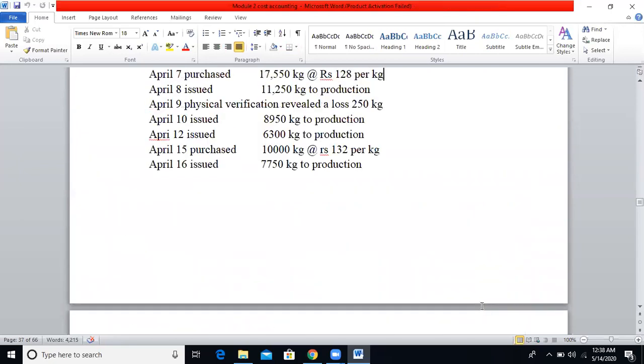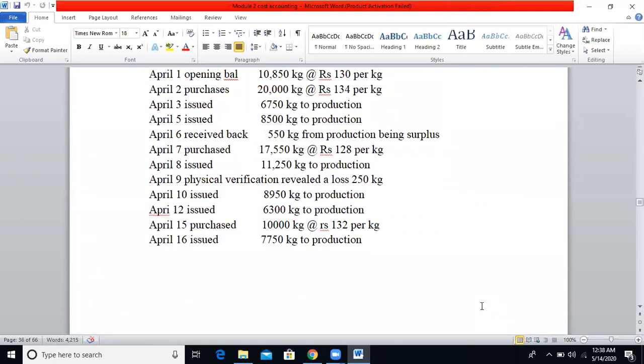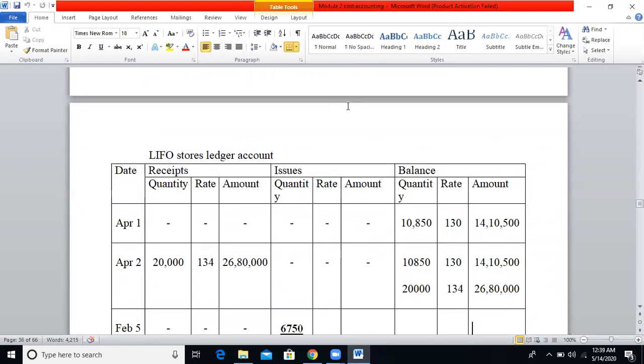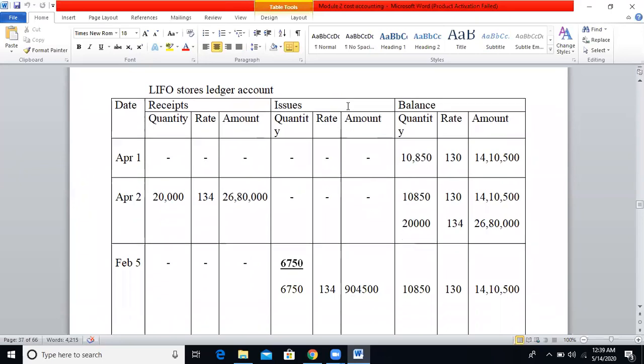The next transaction is April 3rd, issued 6,750 kg to the production department. Now you have to decide at what price these kgs should be issued to the production department. April 3rd is the date. When you are preparing the LIFO ledger account, you have to see the last balance prevailing in the balance column.